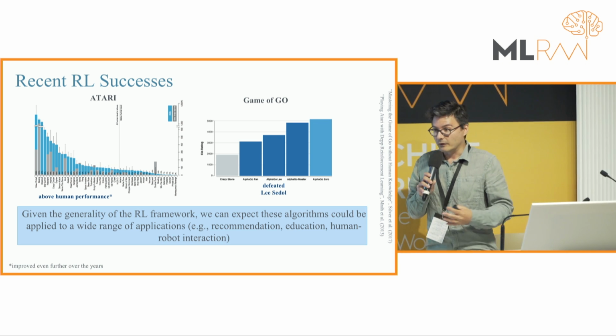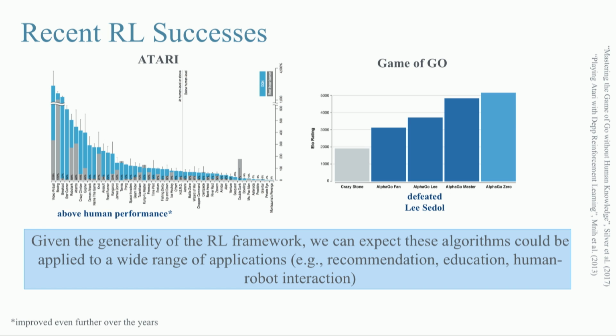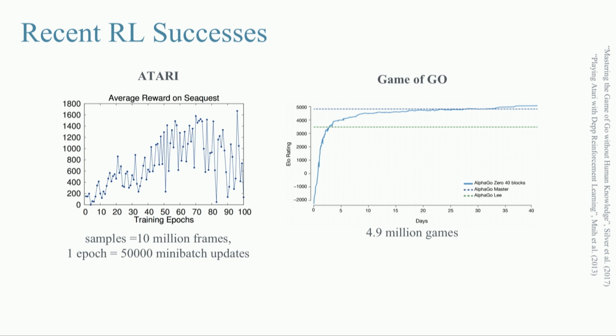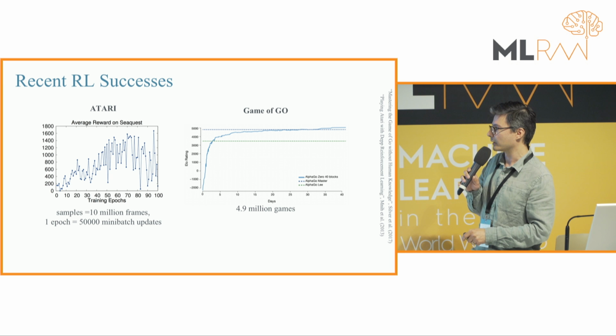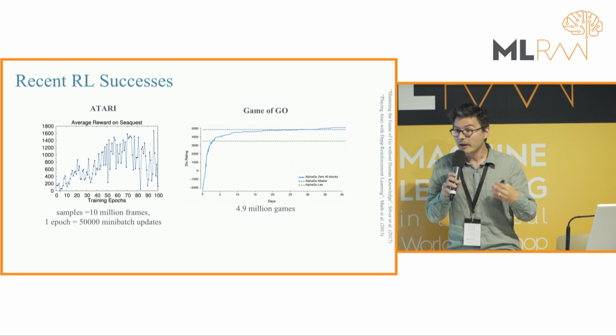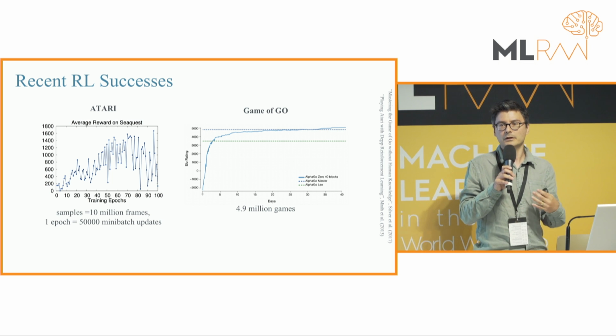Given this, we could say, okay, reinforcement learning works, so why don't we go beyond games and solve real-world problems, which can be recommendation, education, human-computer or human-robot interaction. One of the issues is that when we go beyond the final performance and look at the learning performance, the actual training phase, we notice that in both cases, Atari and Go, the time to reach that performance is really, really long.